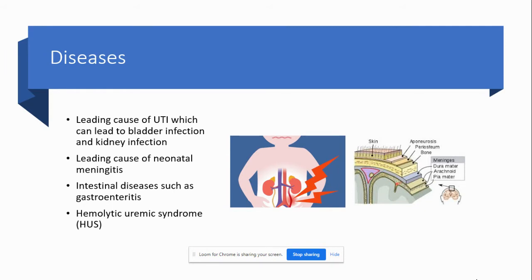As you can see in the picture on the right, the meninges are right underneath the bones. So when there's inflammation or infection, that would cause a lot of problems to the human body. A very severe condition is called hemolytic uremic syndrome, which is the HUS, and it infects the blood, which can cause death.